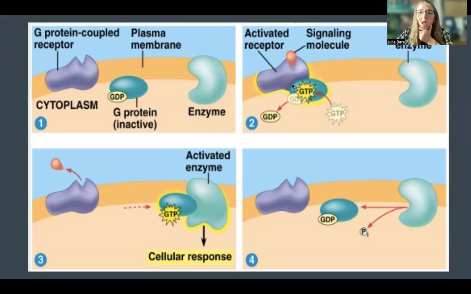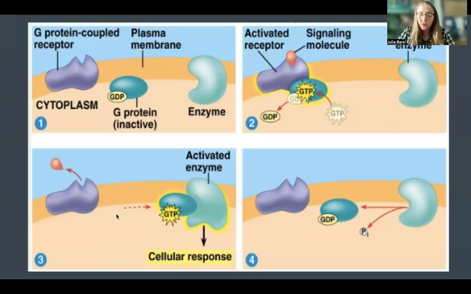So the sequence of events is: the signaling molecule or ligand binds to the receptor. The receptor changes shape, and that's going to attract the G protein, which then causes the G protein to attract GTP.